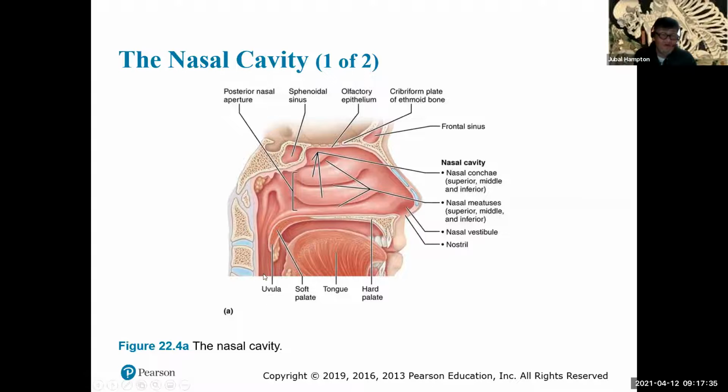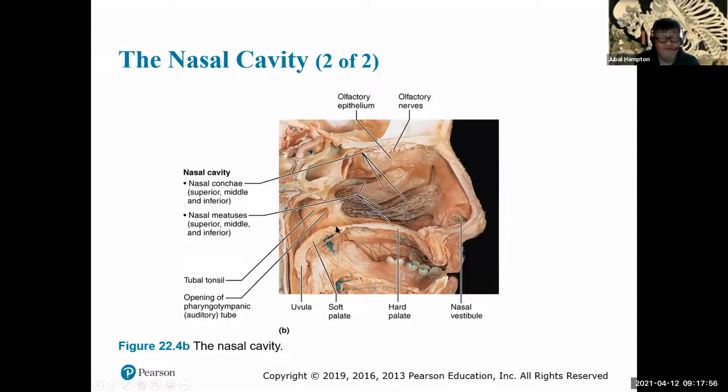The oropharynx goes from the uvula down to the epiglottis of the larynx. Here are the three turbinates that I mentioned, which are the nasal conchae. And of course, the tongue and the palate.